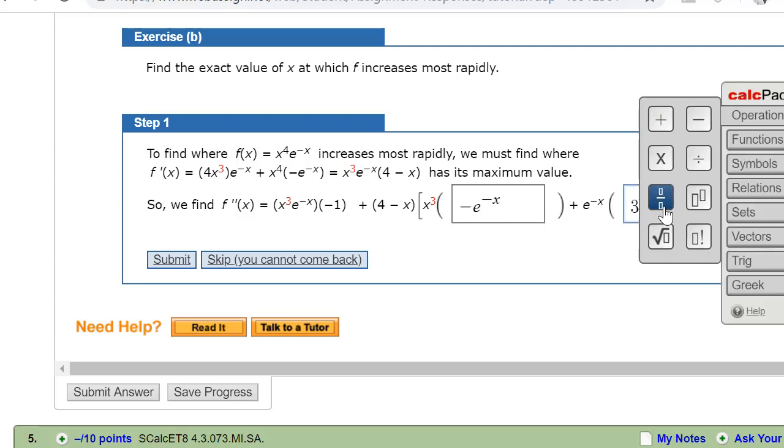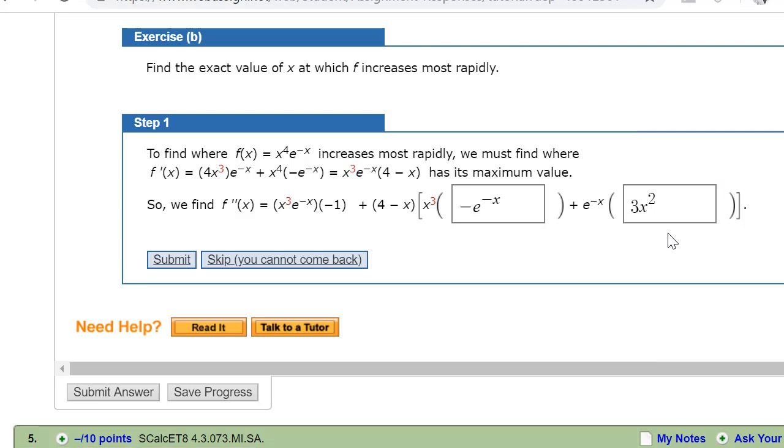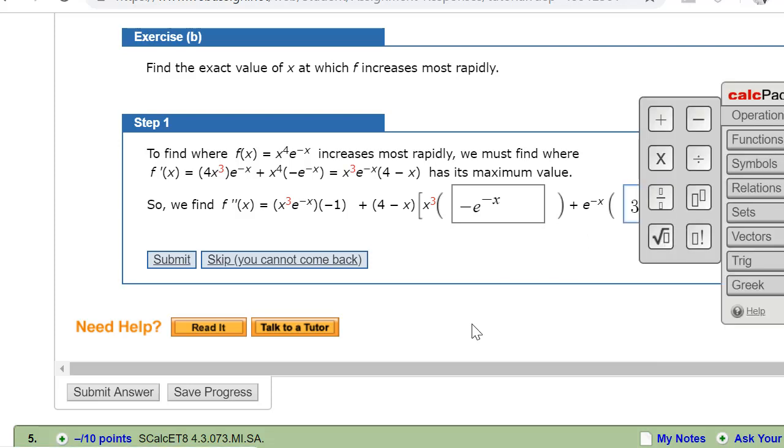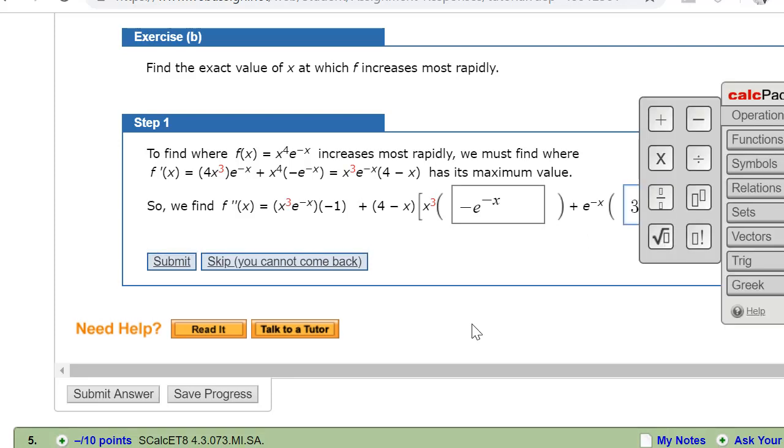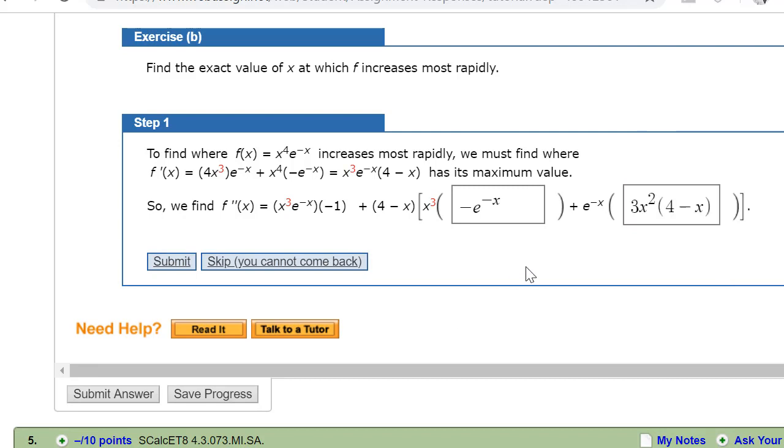So let's throw in the 4 minus x here as well. Boy, this is hard to do, huh? 4 minus x. Let's see if that worked out. There it goes. Okay, so let's check that.